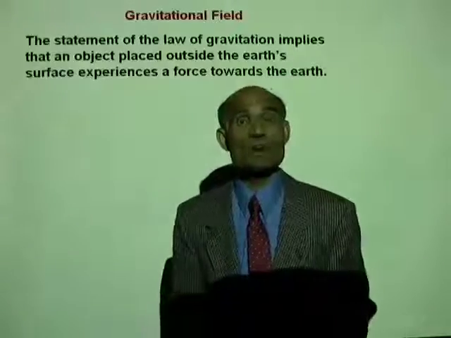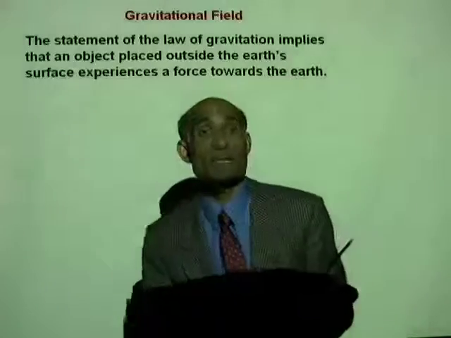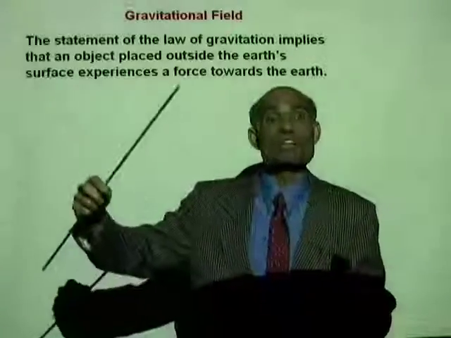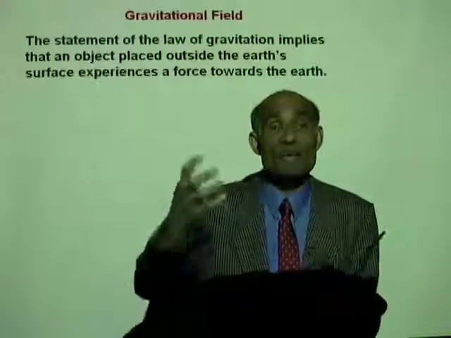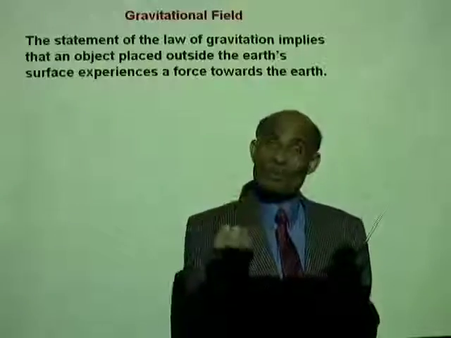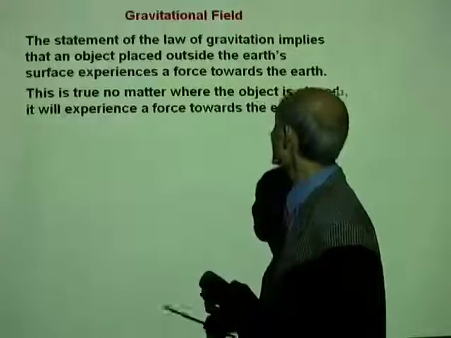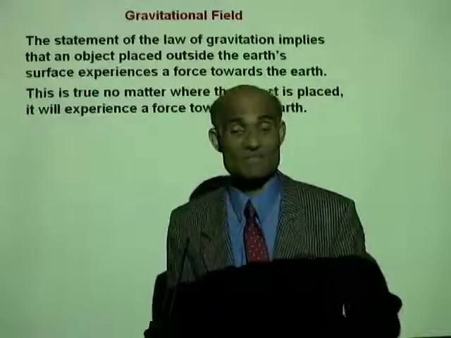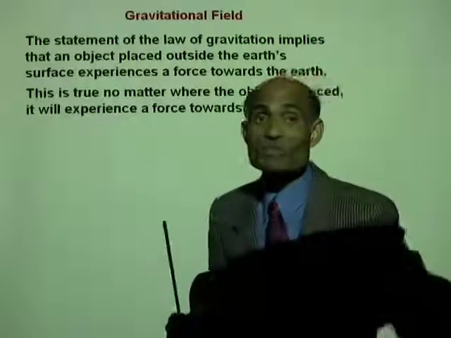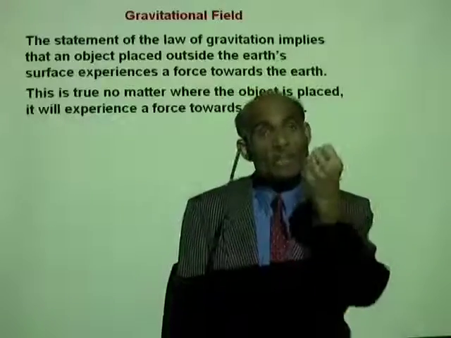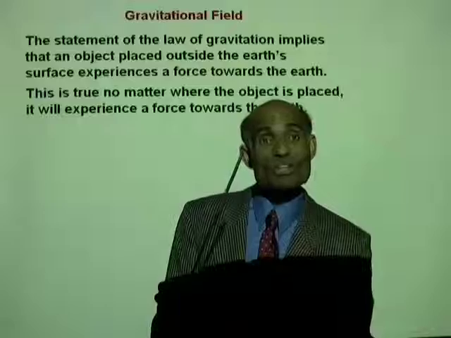The statement of the law of gravitation implies that an object placed outside the Earth's surface will experience a force towards the Earth. Now, this is true no matter where the object is placed. If the object is on the surface of the Earth, it will experience a force towards the Earth.